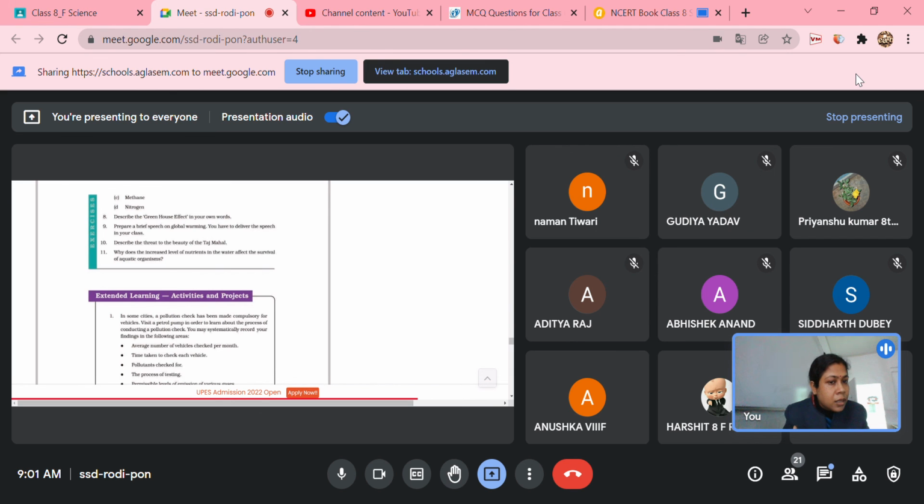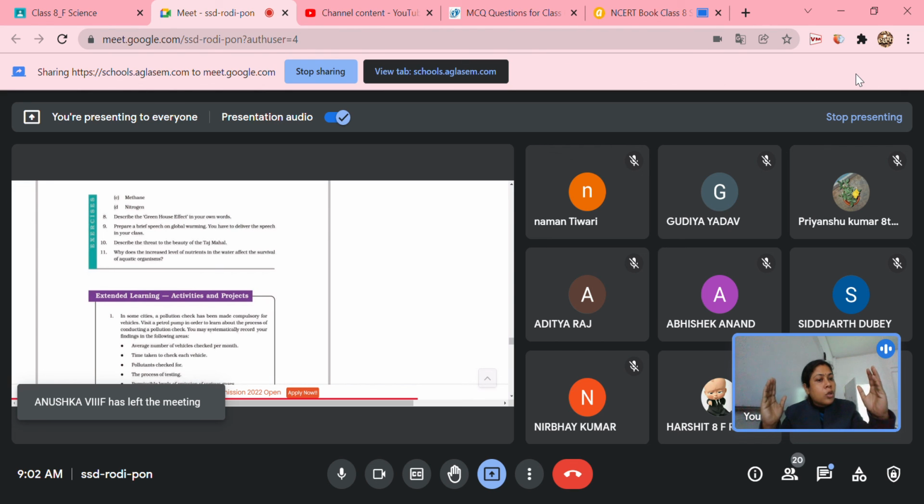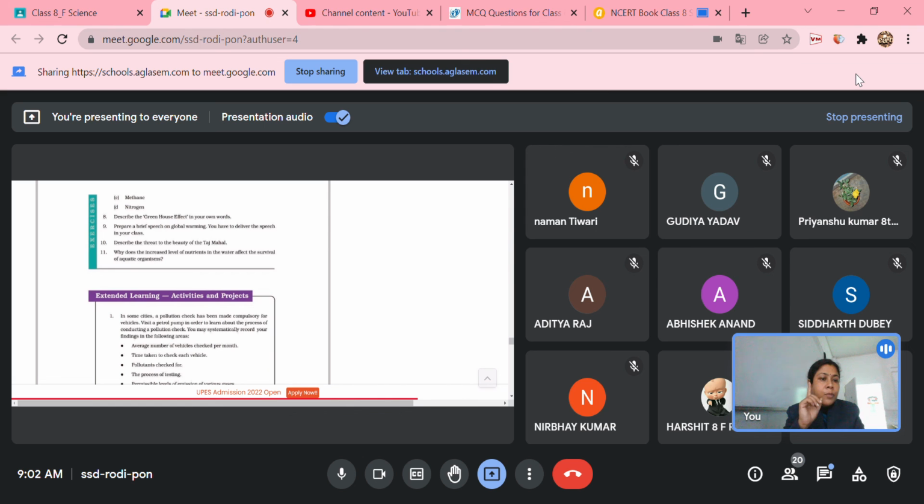Okay, this is clear. This is the original greenhouse. And a similar thing occurs to our earth also due to the presence of the atmosphere, because the atmosphere also has greenhouse gases. As a result, during the daytime, when sunrays strike the earth's surface, some of the heat is absorbed, some is transmitted below the earth's surface, and some is reflected back.